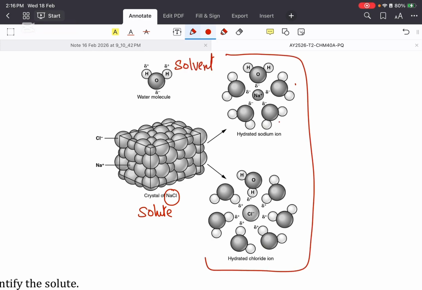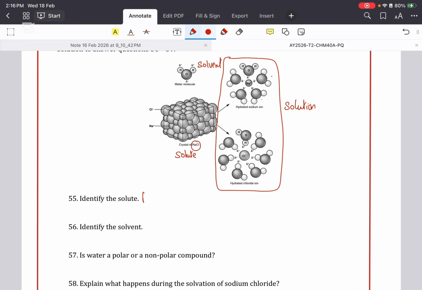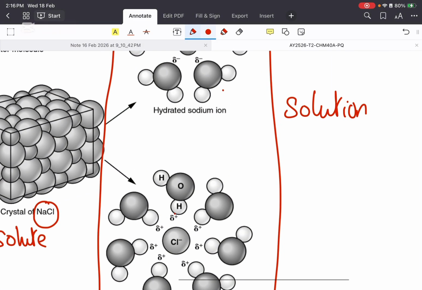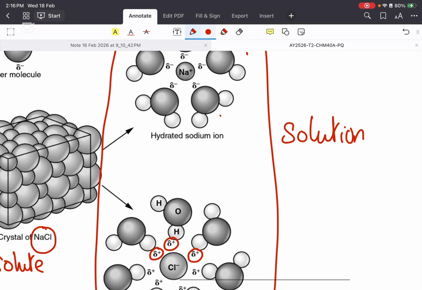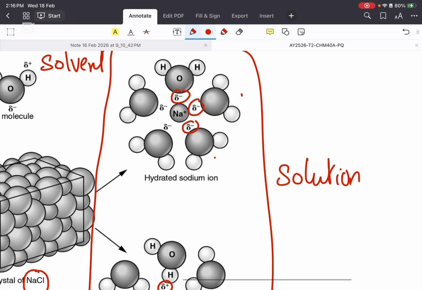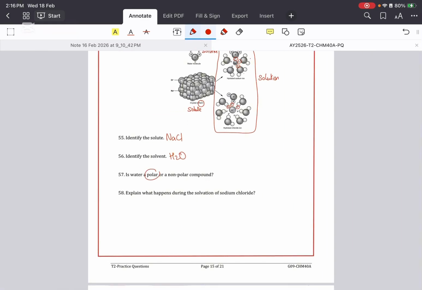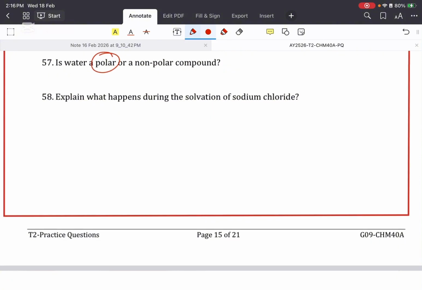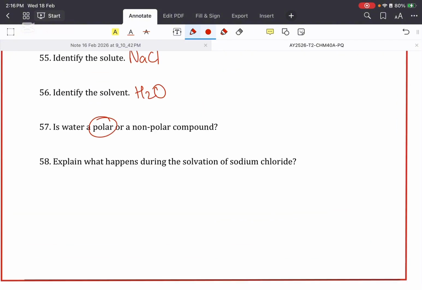When the solvation process happens, they form a solution. So, who's the solute? NaCl. Who's the solvent? It's water. Is water polar or non-polar? Look at the water. It has partial positive charges and partial negative charges. So water is polar.